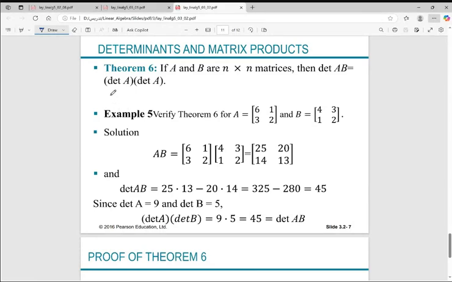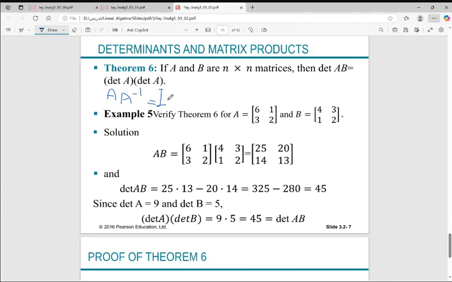The reason is that you have A times A minus 1 equals identity matrix.